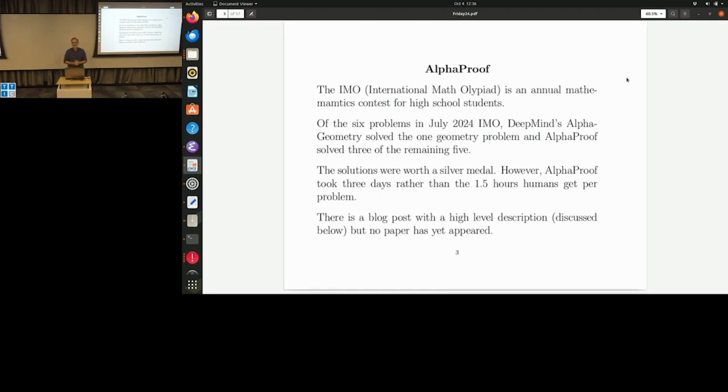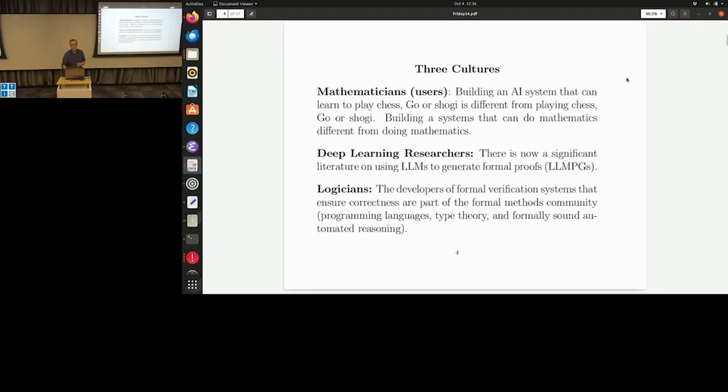However, the computation to solve those problems took 3 days. The high school students get 1.5 hours per problem. So this is presumably an enormous amount of computation. And we don't have a paper. There's a blog post, and I'll be talking about what we know from the blog post.